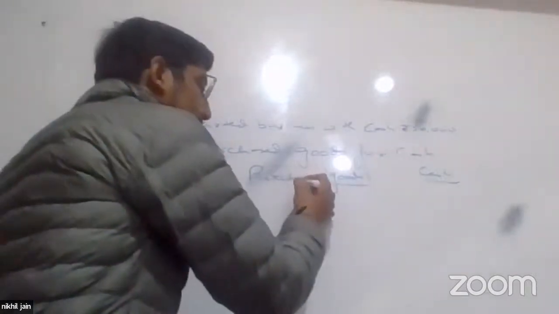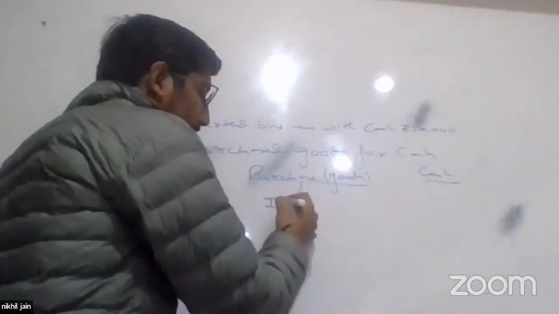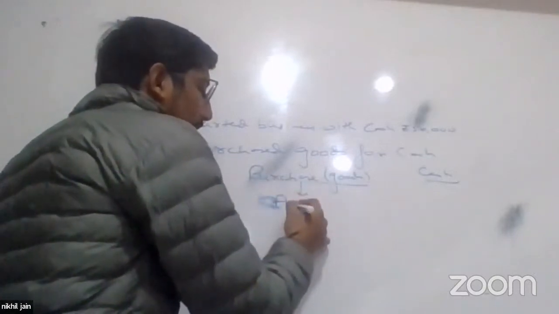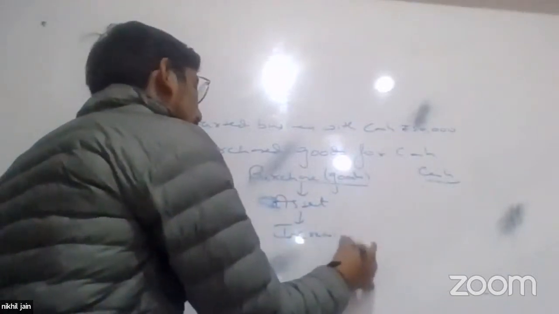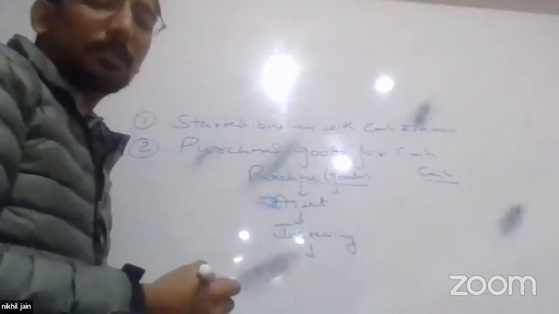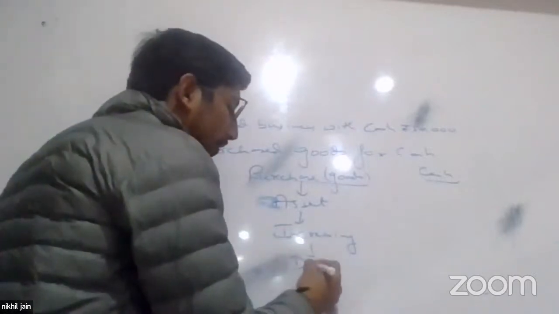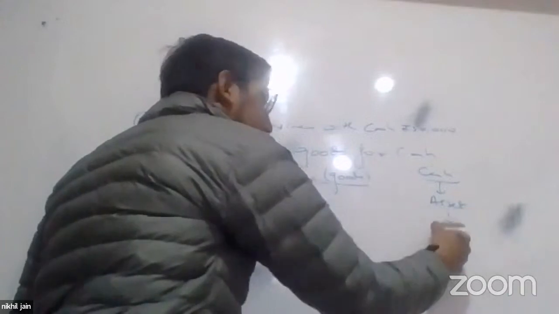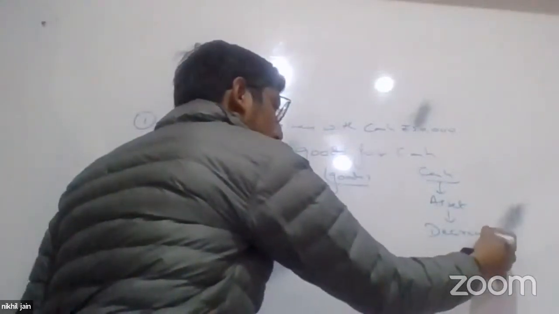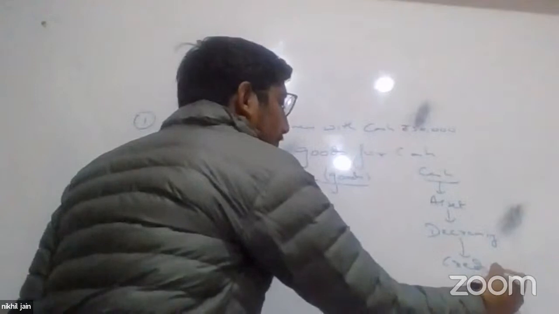So it is purchase, and purchased goods will be an asset for us, and the asset is increasing. So when an asset increases, we will write it on the debit side. Cash is also an asset for us, but it is decreasing. So when an asset decreases, we will write it on the credit side.